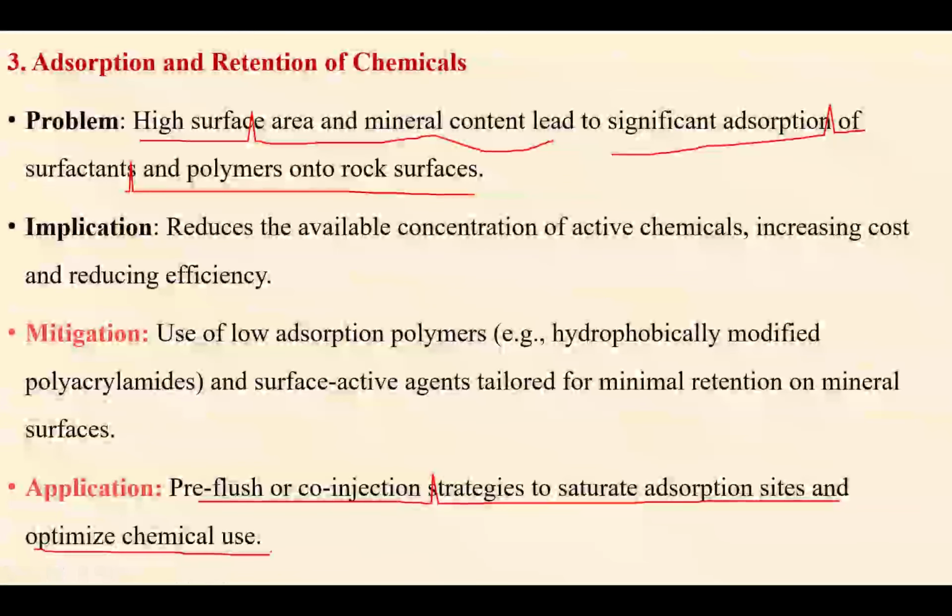So what you can do, you can go for some pre-flush. Pre-flush means you can use some low cost chemicals that have some adsorption capacity on that particular rock. You flush with that so that their active sites, or adsorption sites, are saturated, and then you can make optimal use of the different chemicals.